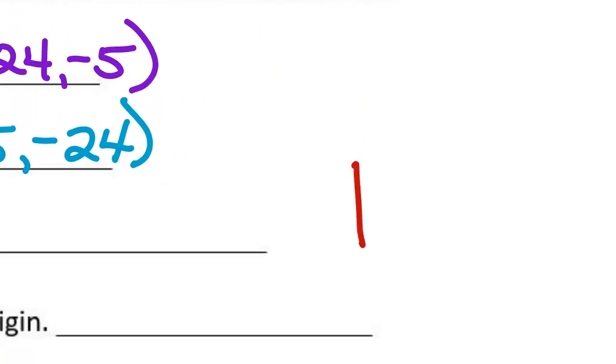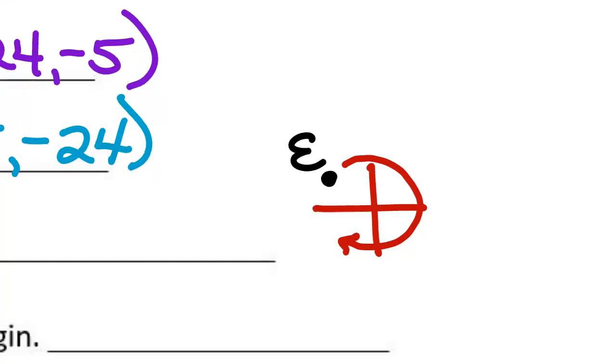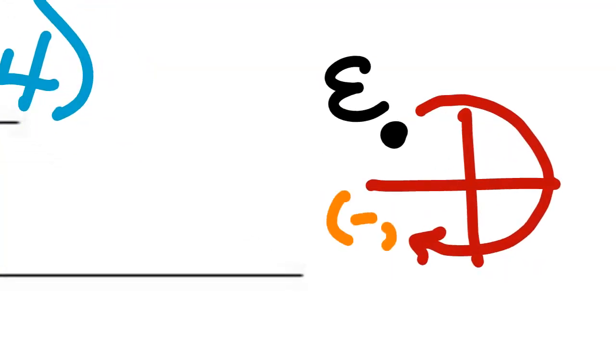So I'm going to draw a real quick XY axis. Our point E, -5, 24, is over here in quadrant 2. 270 degrees clockwise, 3 quadrants clockwise, moves me down here into quadrant number 3, which has negative x's and negative y's.